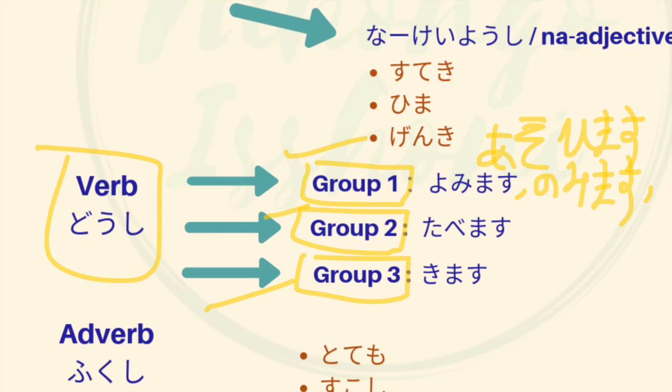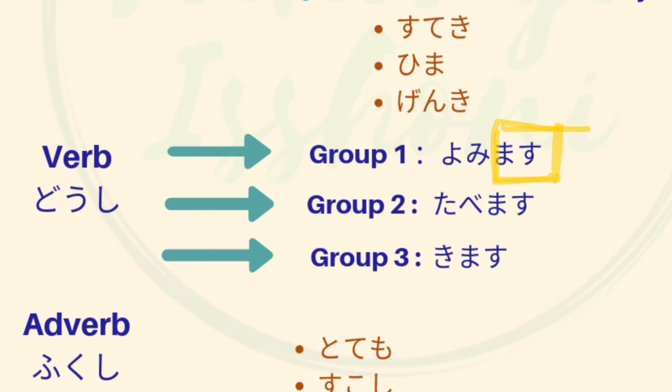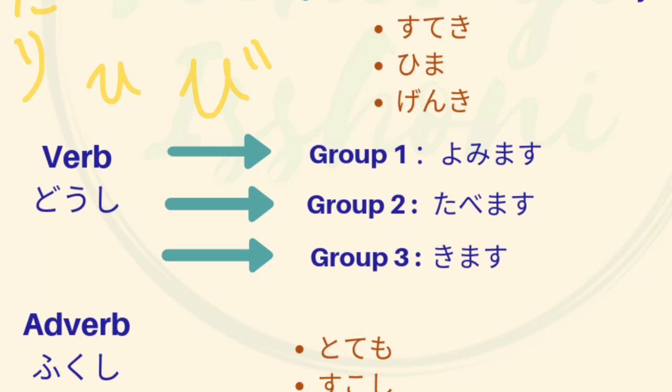Here, if you notice, if we check the masu form, just before the masu form, the hiragana is in the i-dan. We say i-dan. That is, i-dan means ni, ri, hi, bi. So these are the group 1 verbs, right? That is the verbs in i-dan.